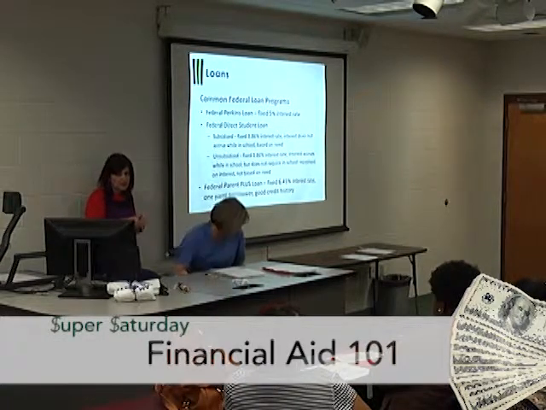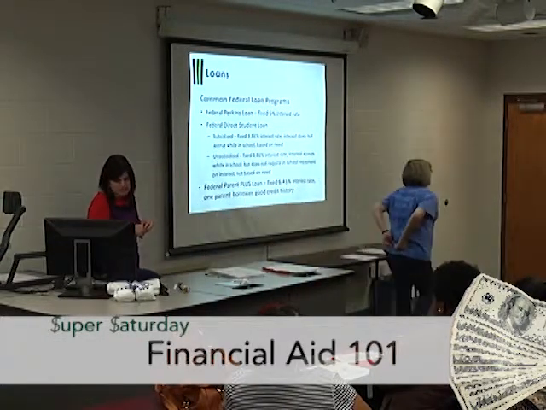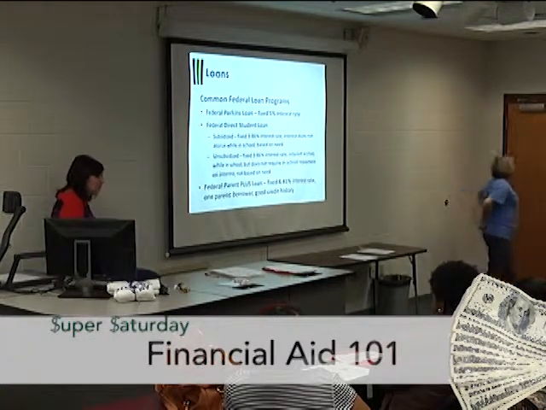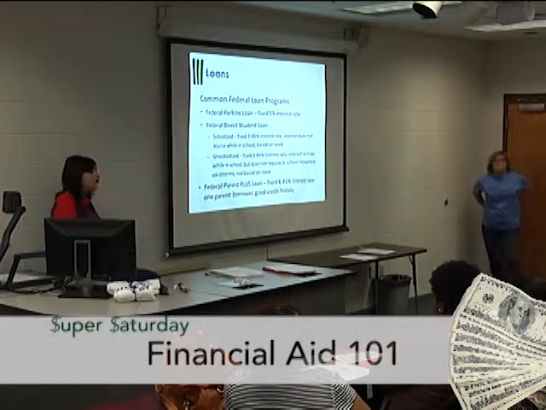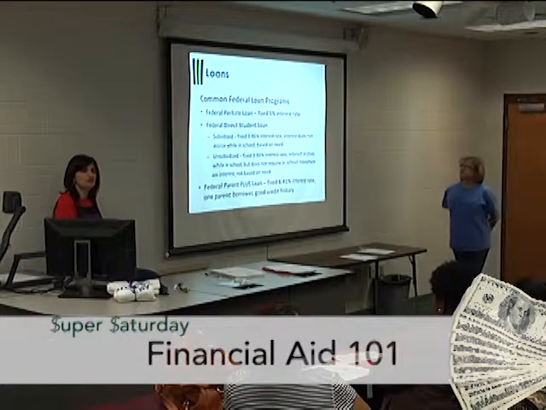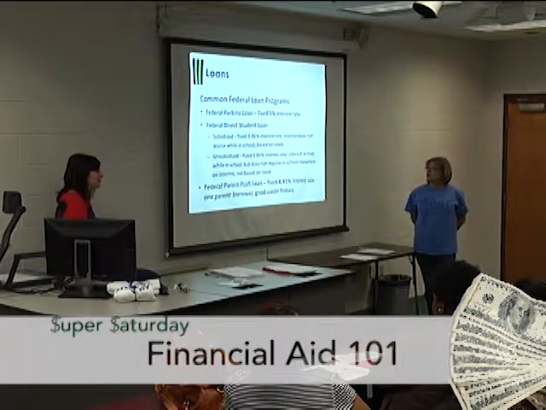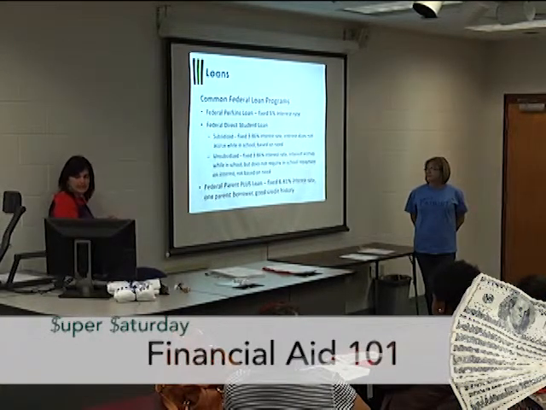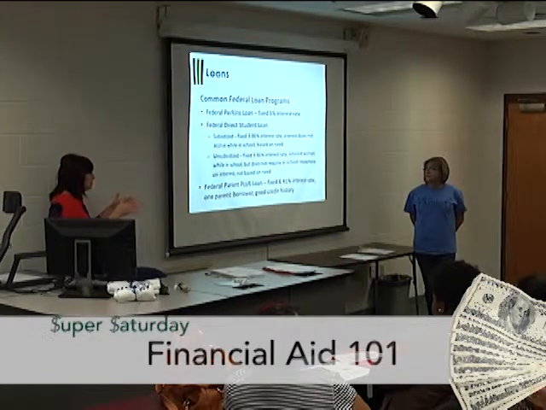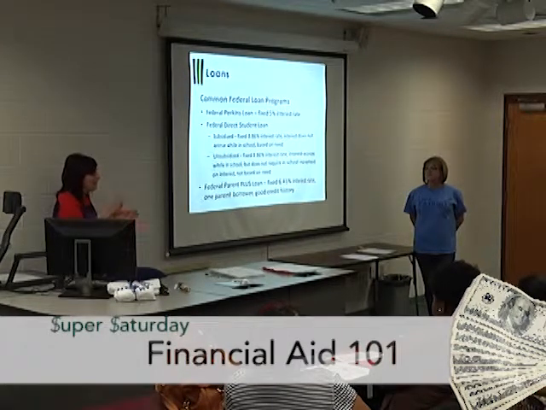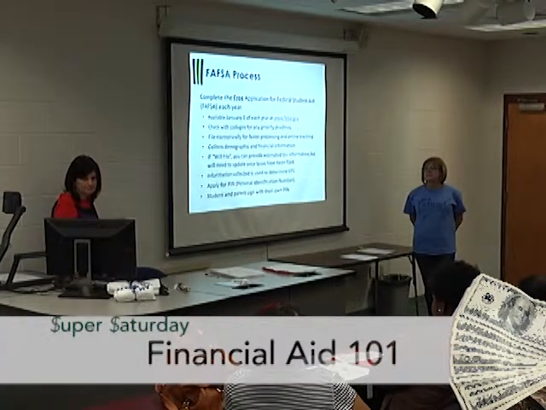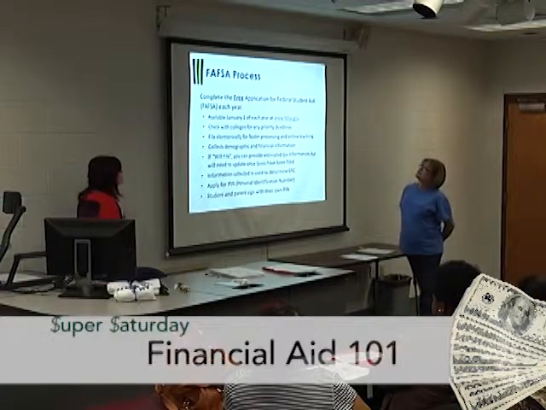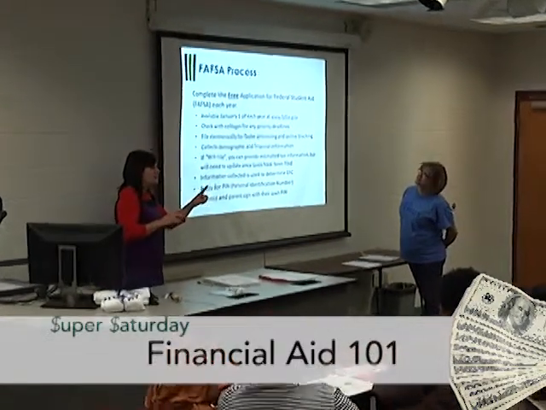And the Parent Plus loan is when parents can borrow money to help you go to school if they so choose, but are not required. That's also an unsubsidized loan, so it does start accruing interest immediately. Usually you have a certain amount of time, 60 days, to start making payments on those Plus loans.